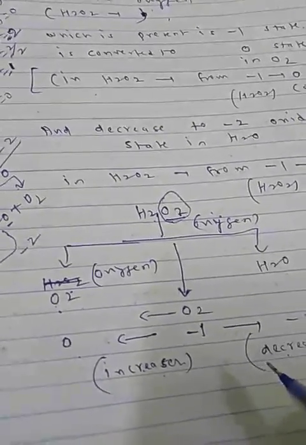So this is a very common example: in H2O2, oxygen is going to increase and decrease simultaneously. This is a special type where the same element of a compound increases and decreases in oxidation state, called disproportionation reactions.